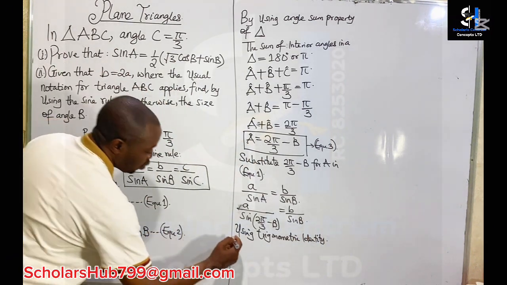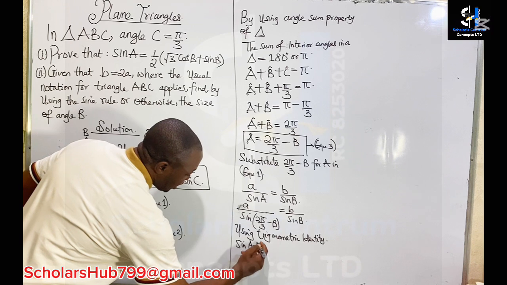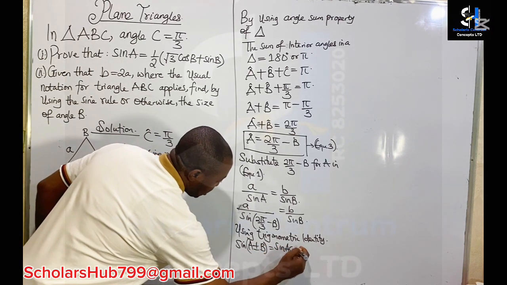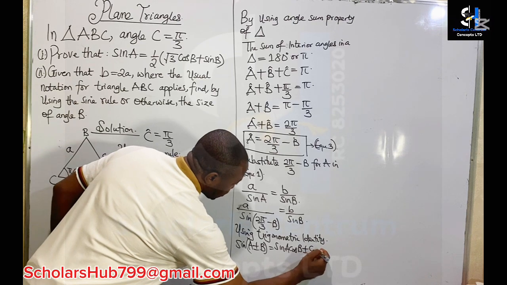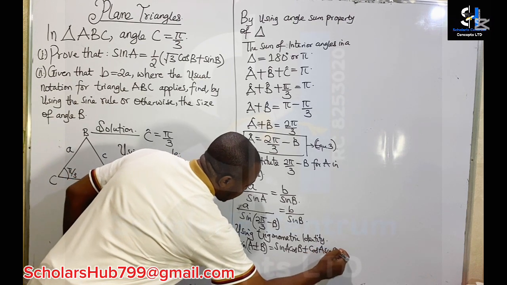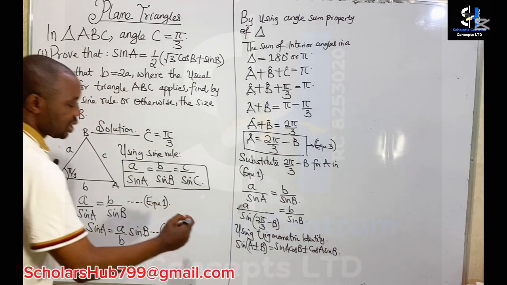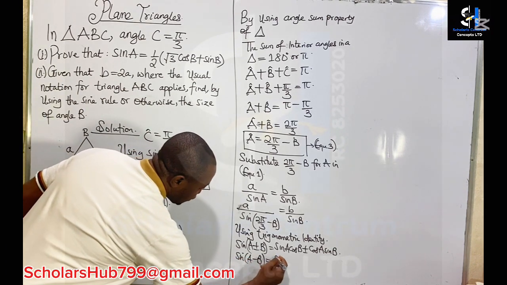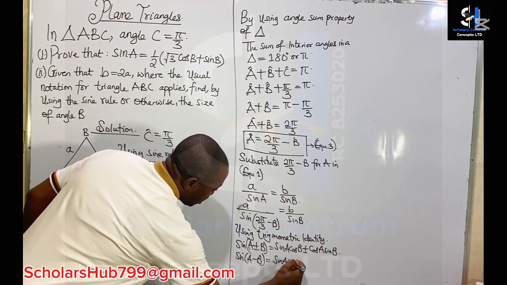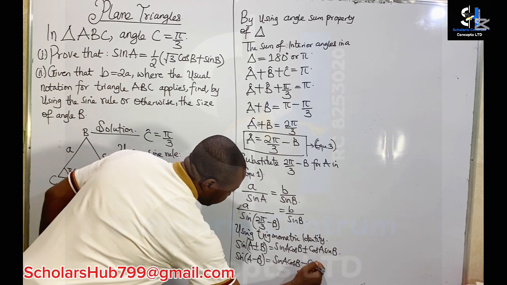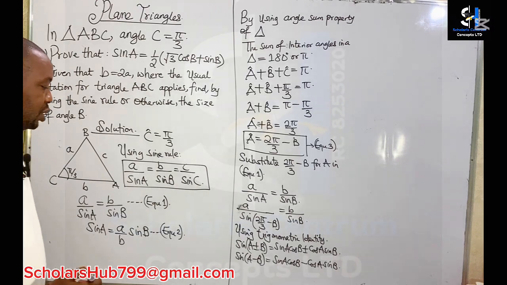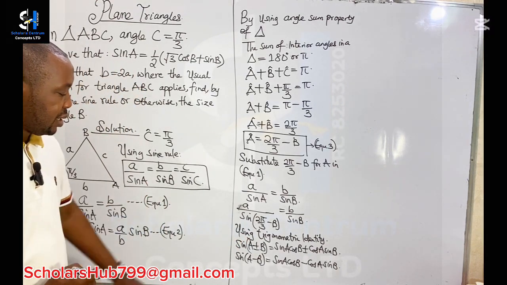Now, which identity? That's for sine. We know that generally sine of A plus or minus B will be sine A cos B plus or minus cos A sine B. But in this case, we're going to use sine of A minus B, which is sine A cos B minus cos A sine B. So that is what we're going to apply.